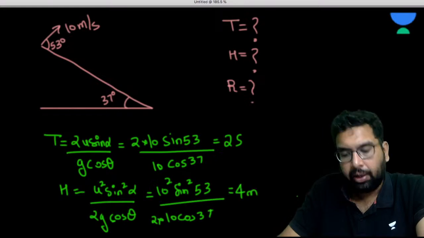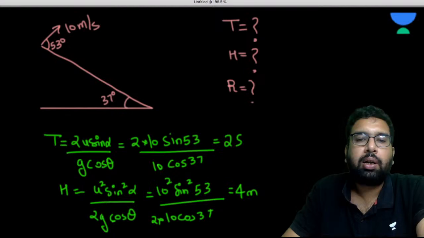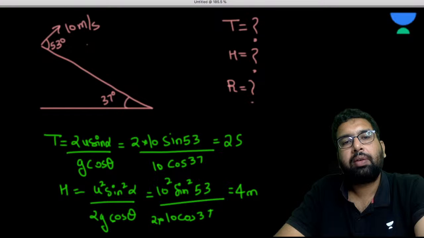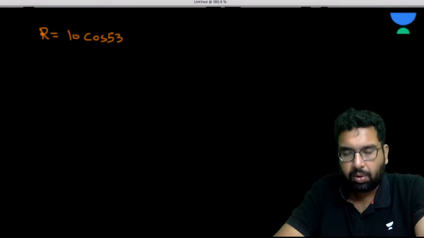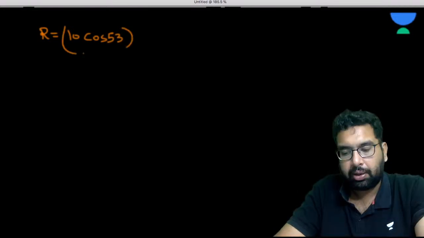Now for R we can always use the basic equation. So what is the initial velocity? It is 10 cos 53. What is the time? It is 2 seconds.